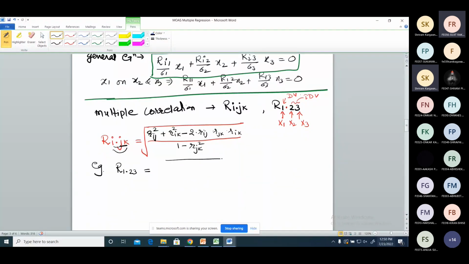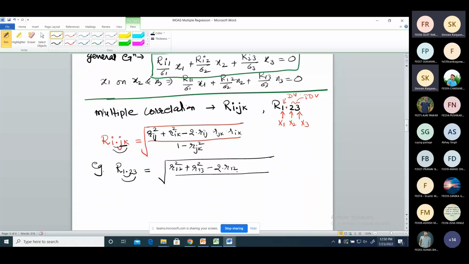In the numerator it will be R12 square plus R13 square minus twice R12 R13 R23. You have to subtract twice of this product. In the denominator you have to write 1 minus R23 square. So this is the way.